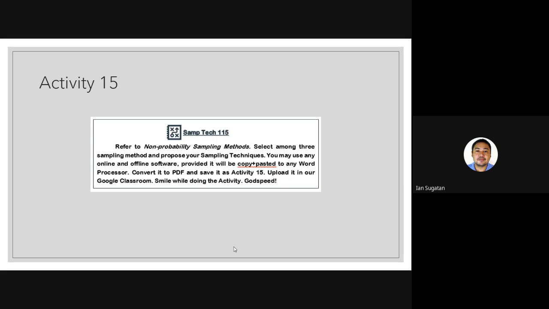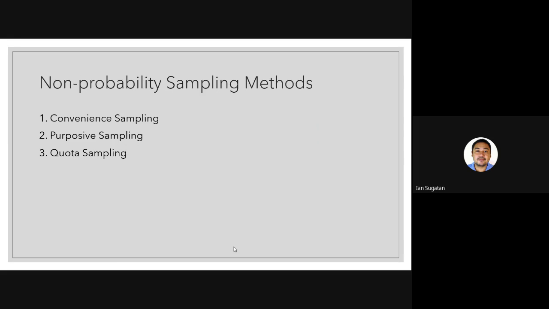Now, what you're going to do, guys, is put your title first, and afterwards, put there the sampling technique. So you are going to describe how you are going to do the sampling method. For example, let's go back to non-probability sampling methods. If you choose number one, convenience sampling, you're going to make a comparison or an analogy of the things that you're going to do for convenience sampling.